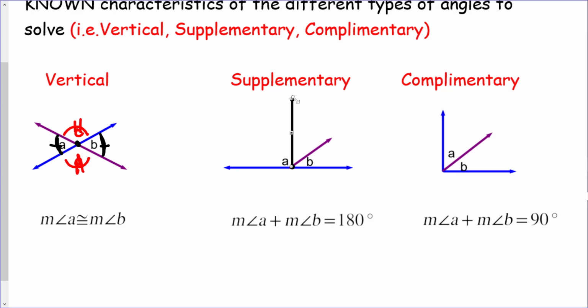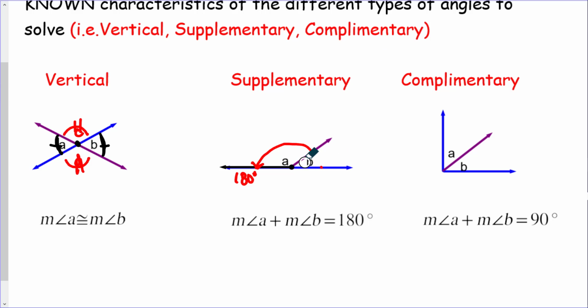Here would be about a 90-degree angle, right? And then as we come this way, we get to obtuse angles, and then to where it lays all the way flat. That's what we call a straight angle or a straight line, and that's equal to 180 degrees. So here's 0 over here. We brought it all the way around to 180 degrees. So supplementary angles are two angles that combined equal 180 degrees.